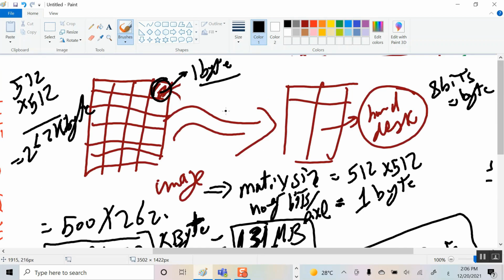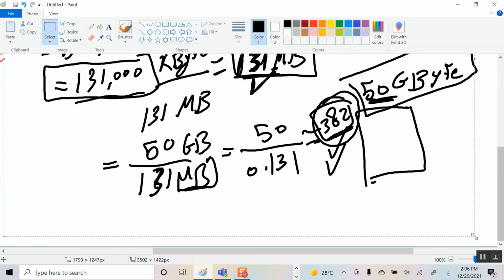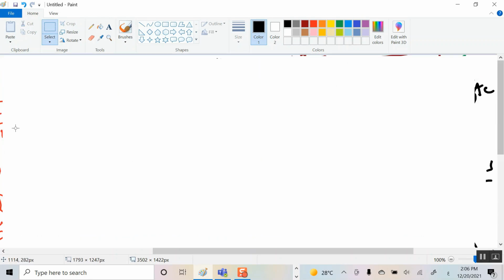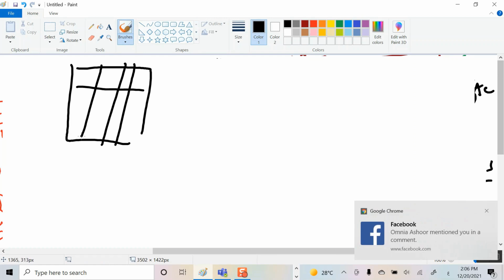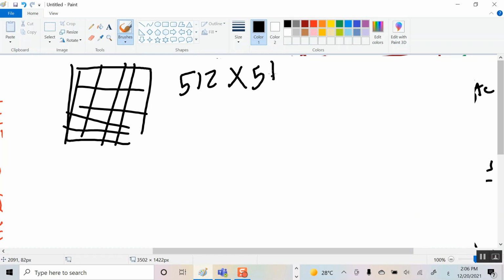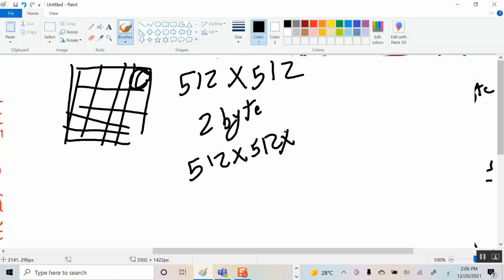So let's go back and talk about how I calculated it in simple terms. The matrix is 512 by 512, and this time we will say 2 bytes instead of 1 byte. In this scenario, I give you the size of an image in the format of 512 by 512, which is a common format.